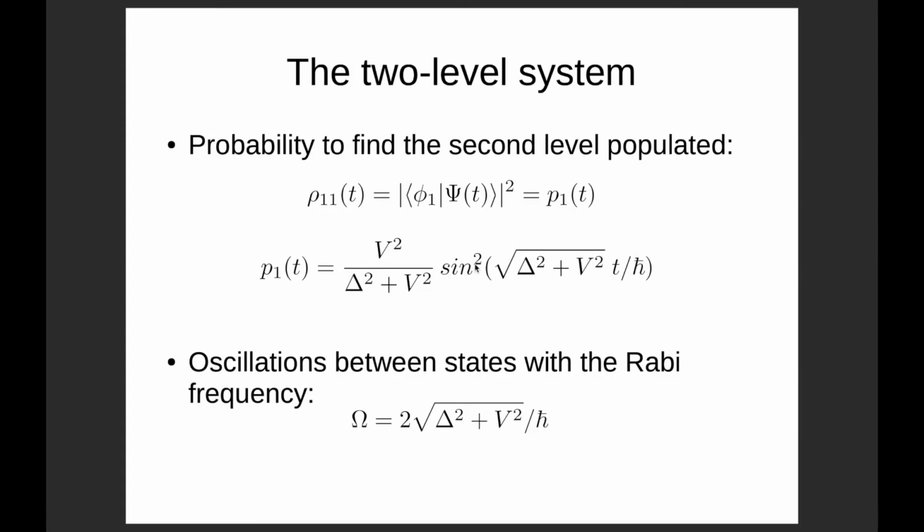You see it's a sine square, so it means that the frequency will be double this number here of this oscillatory function. The population of the 0 state will be just 1 minus P1, because the sum of the two populations has to be 1. This defines oscillations that are given by the frequency omega equal to twice the square root of the difference between the levels and the interaction between the levels. This is called the Rabi frequency.